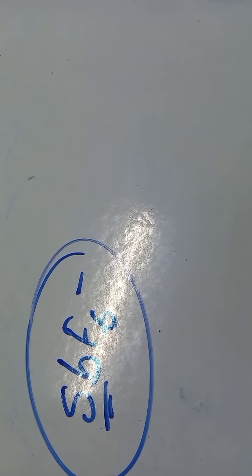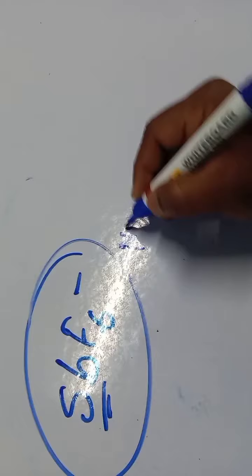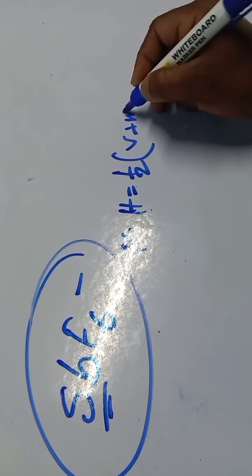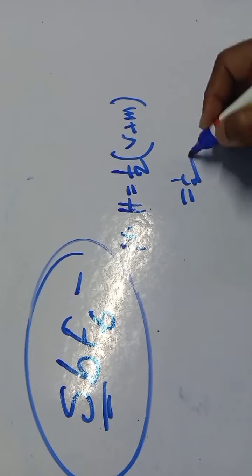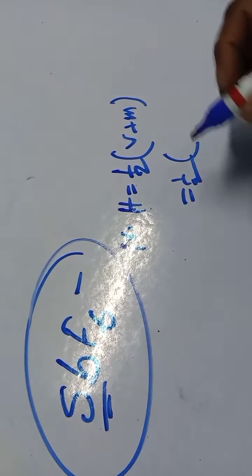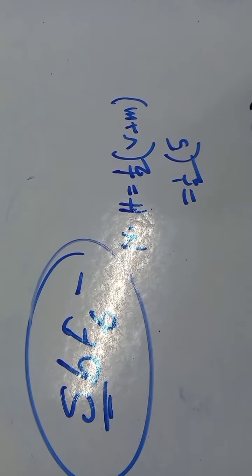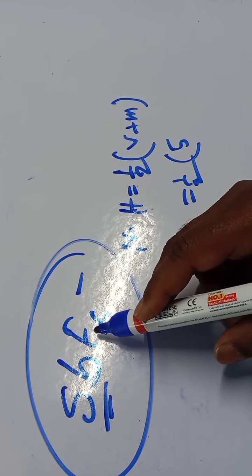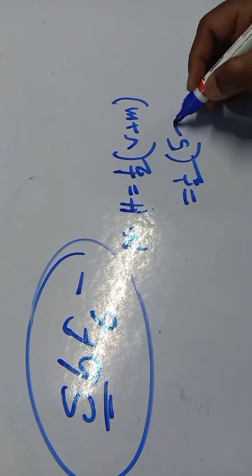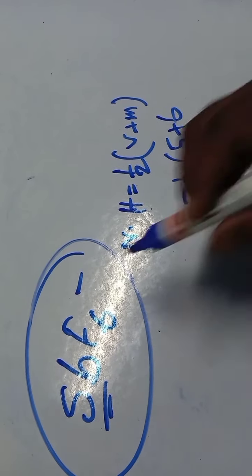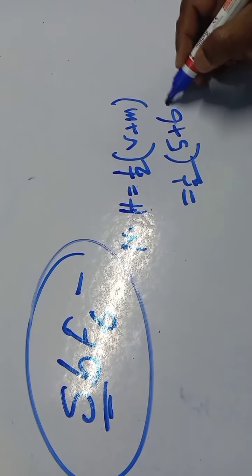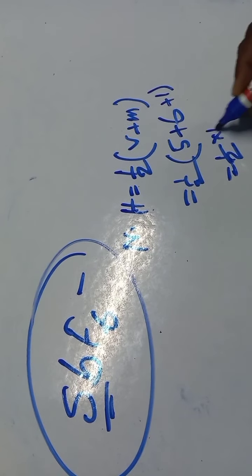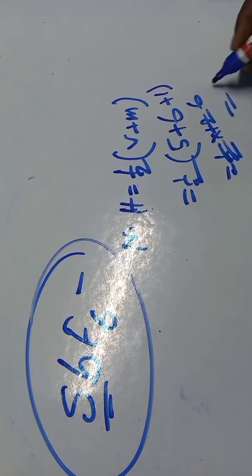So N is equal to half V plus M, that is half, valence electron number 5. The number of surrounding monovalent atoms is 6, negative charge 1, that is positive 1. So half into 12, that is 6.